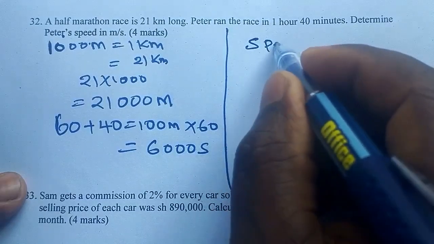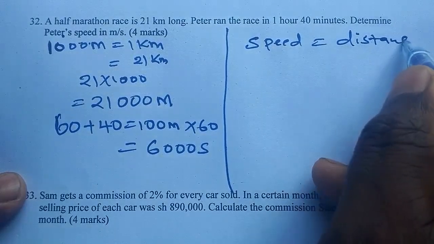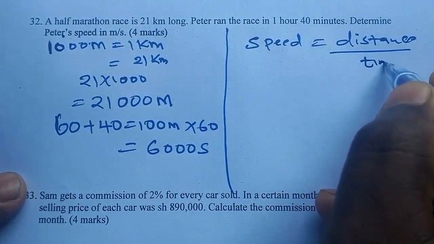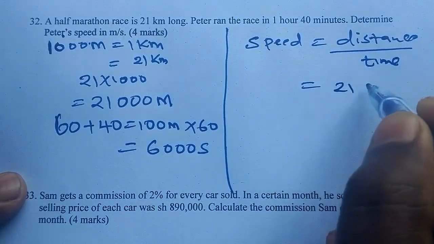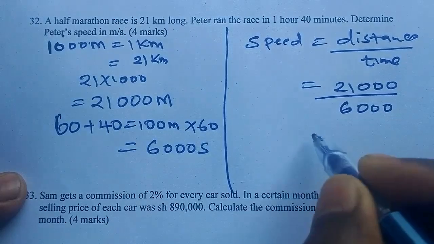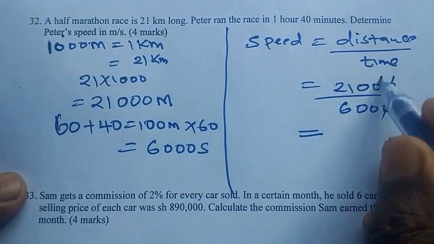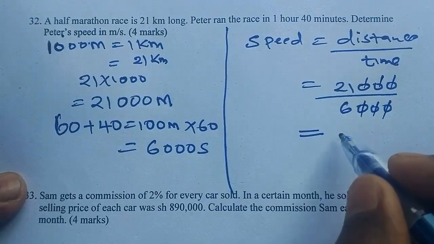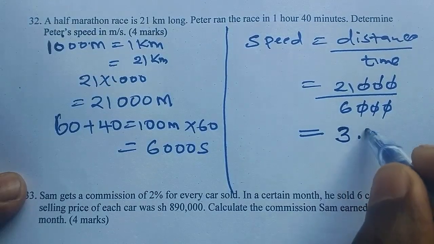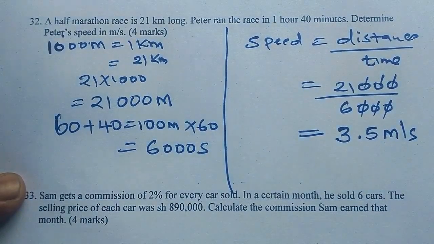Speed is equal to distance over time. 21,000 over 6,000 gives 3.5 meters per second.